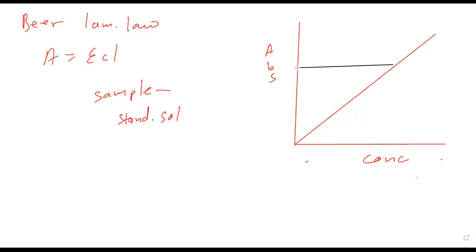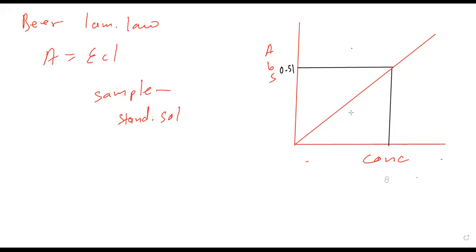So let us say the sample has an absorbance of 0.51. You would find 0.51 on the y-axis, draw it to the line, and bring it down. So that is how you would get the concentration of the sample.